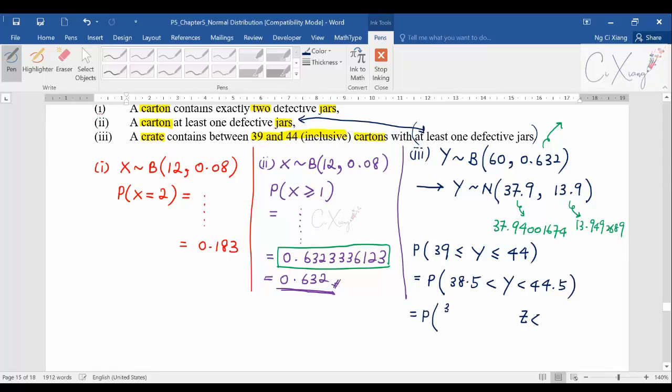Okay, and after that, again, change it to become Z. So you have to standardize it, 38.5 minus the mean. What is the mean? 37.9, divided by the standard deviation, square root of 13.9. Okay, then again, 44.5 minus the mean divided by the standard deviation. So again, when I write it out short, 37.9 and 13.9 only.